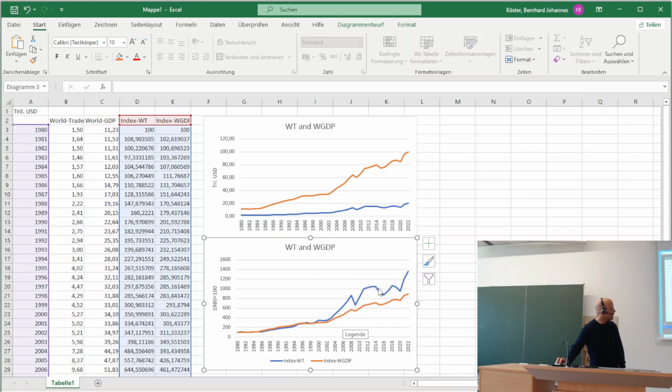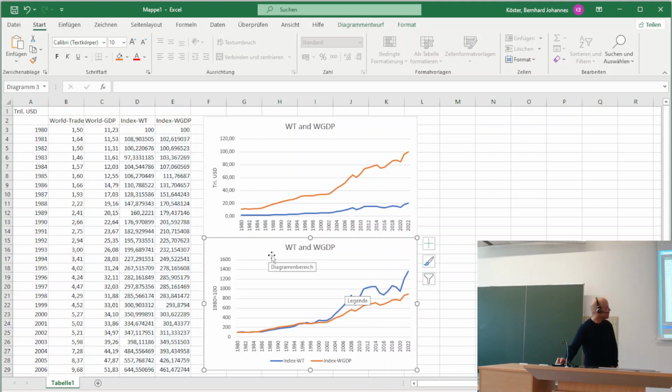And here then you have again this kink. This is only the depreciation of the US dollar. But if we look at this data then more or less on average, we have a parallel movement of world trade and world GDP.